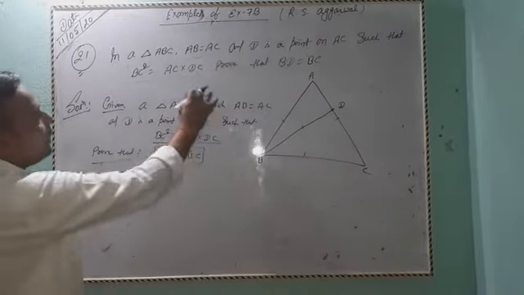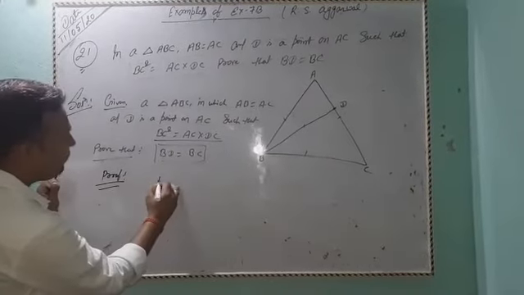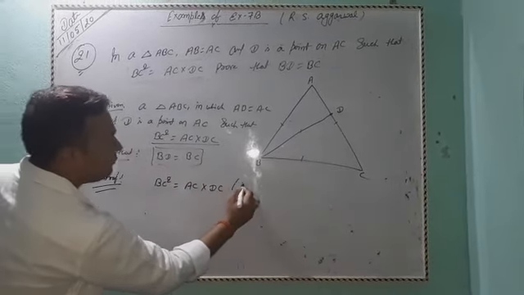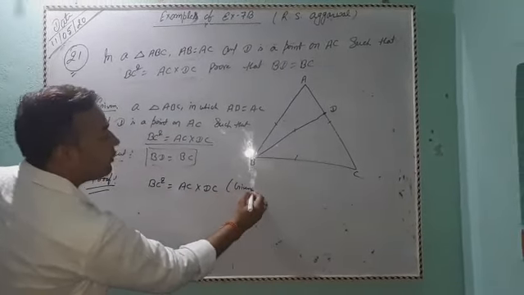Proof: BC square equals AC into DC, given in the question. So BC by AC equals DC by BC, that is, BC by DC equals AC by BC.